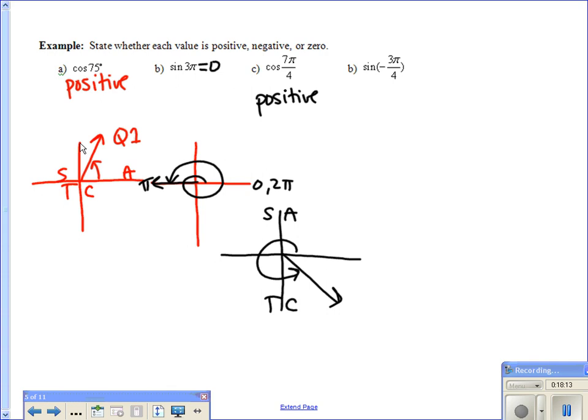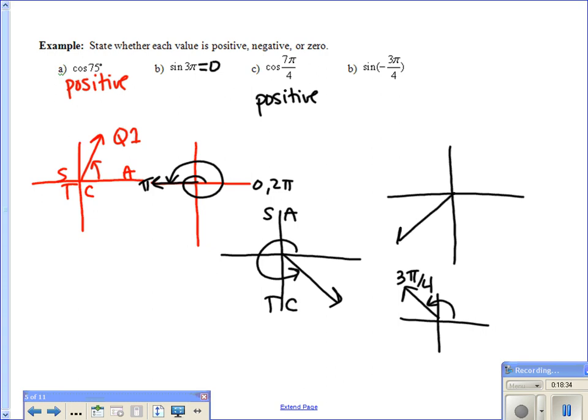Then if we look at B, I know this is going to end up being in quadrant 3 because we're doing negative 3 pi over 4, normally positive 3 pi over 4. So if I had from here to here, this would be positive 3 pi over 4, but we want negative, so we're going in the negative direction, which means it's going to be down here. So this would be negative 3 pi over 4, which is what we want.